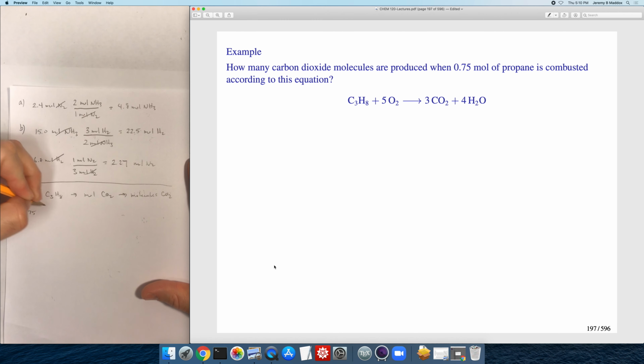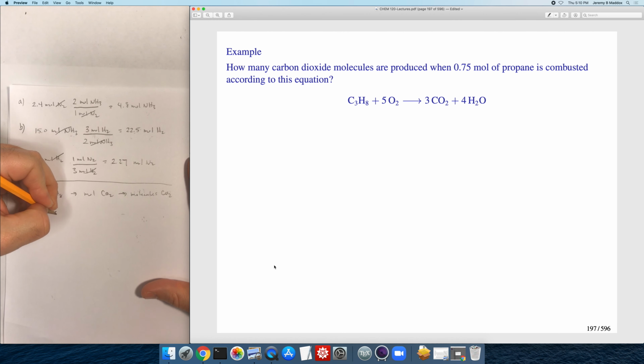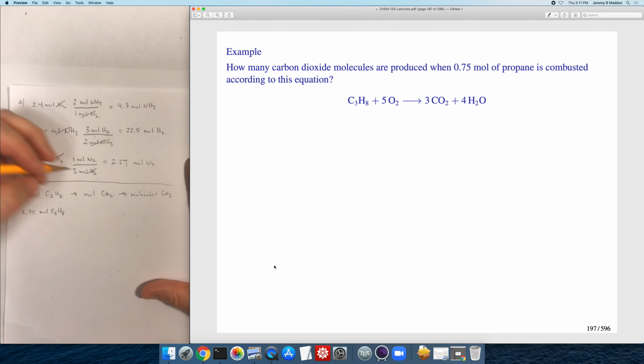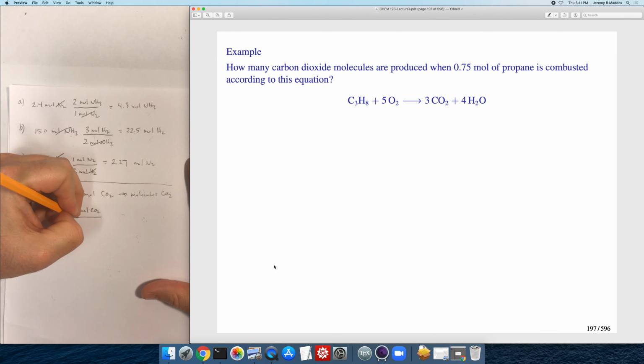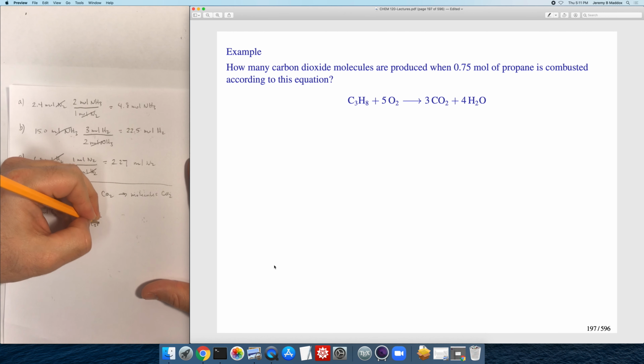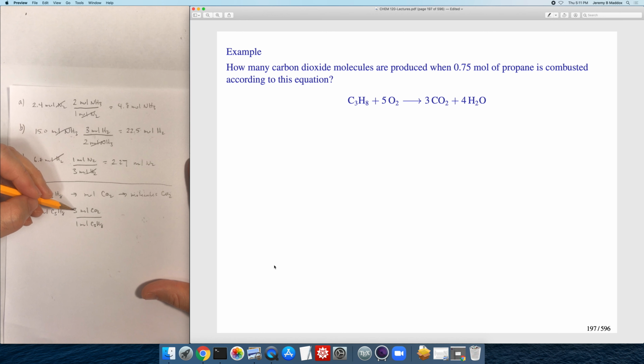0.75 moles of propane. We want to convert that to moles of CO2. So we're going to have the 3 moles of CO2 in the top, and we'll have the 1 mole of propane in the denominator. And again, these come from the stoichiometric coefficients in the chemical reaction. So that takes us from here to there. Now we want to get to molecules using Avogadro's number.